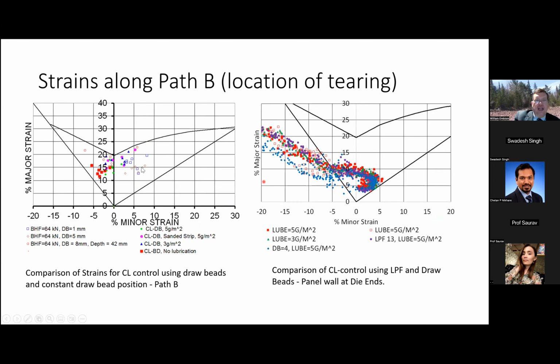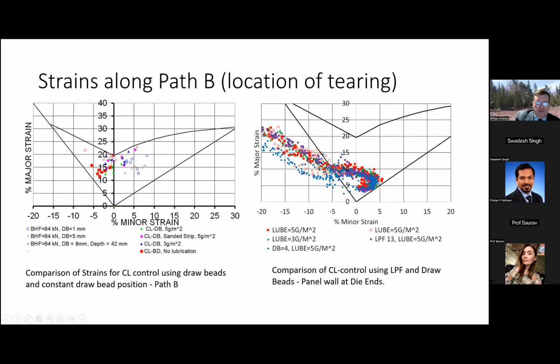Looking at what's happening along path B, we compared some open loop tests, which are shown here as hollow symbols, to the closed loop tests for varying lubrication conditions. And we can see that when the draw bead is at 8 millimeters, we actually had a failure.